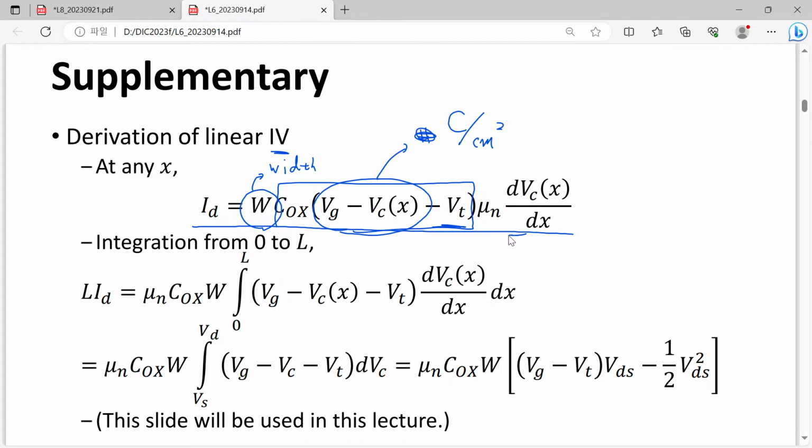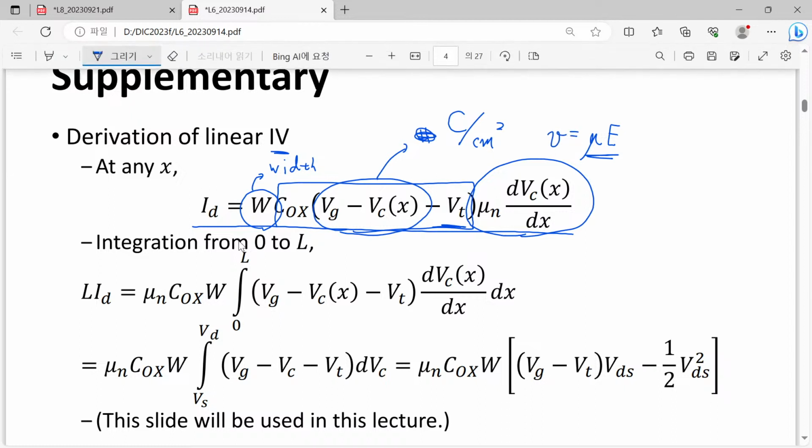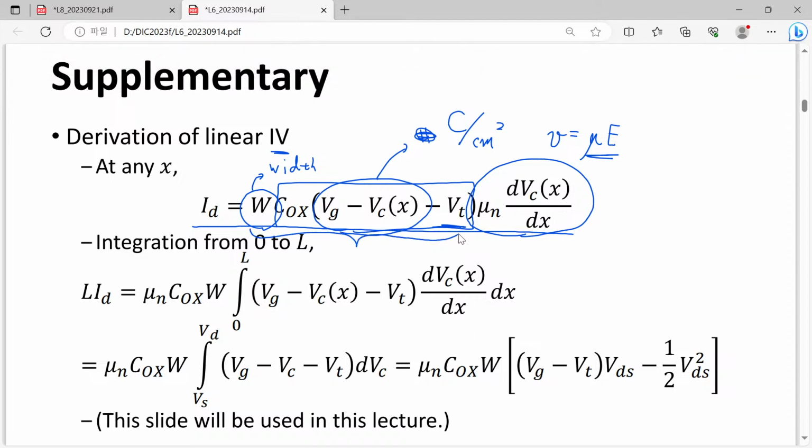After that, previously you just considered this form. What was it? This is mobility times electric field. Now you understand that when you had this form, you were simply describing collected electrons and their velocity.